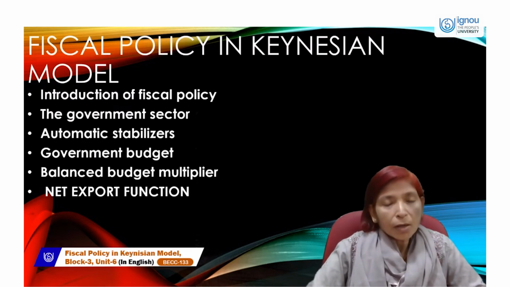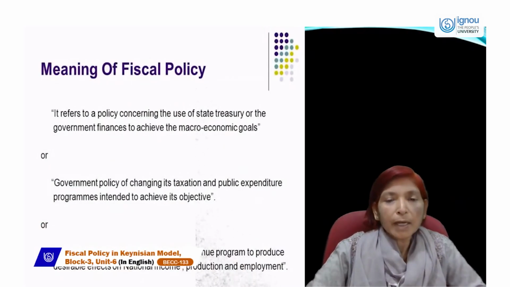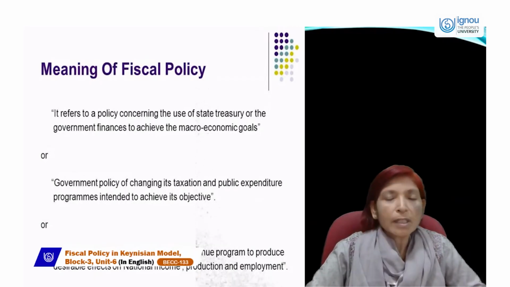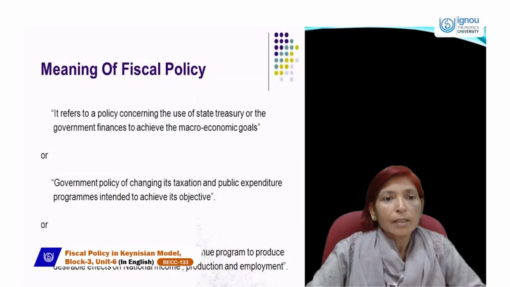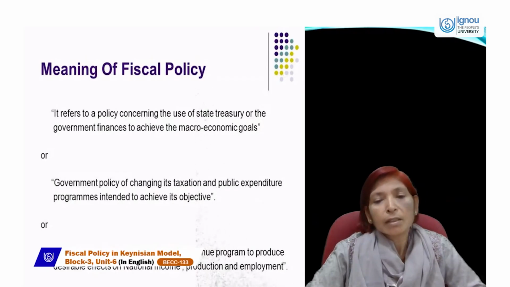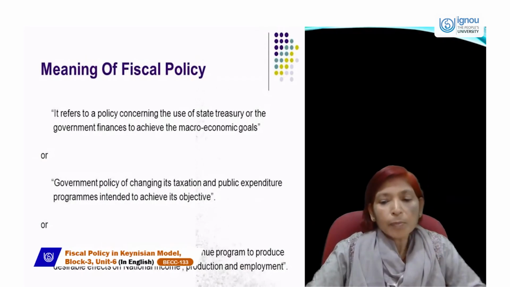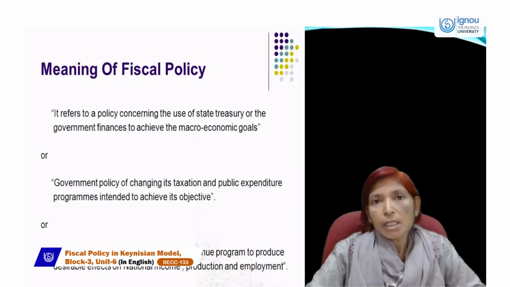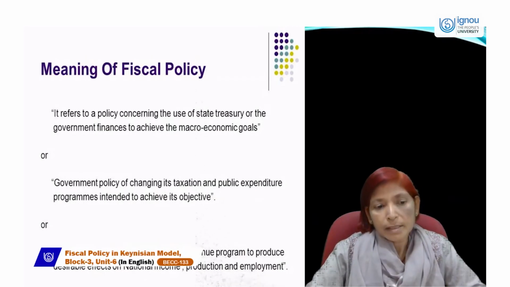So, what is the meaning of fiscal policy? As you know, fiscal policy is made by the government of India. Fiscal policy refers to a policy concerning the use of the state treasury or government finance to achieve macroeconomic goals. In other words, fiscal policy is that policy in which the government can change its taxation and public expenditure programs to achieve set targets.